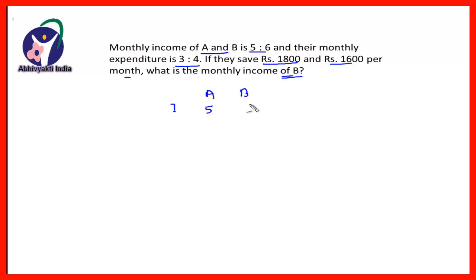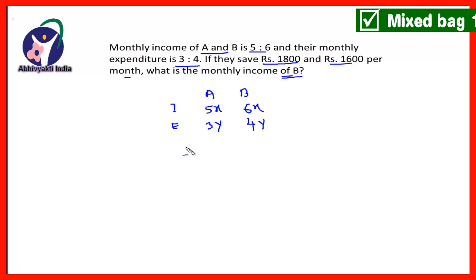So let A's income be 5x and B's income be 6x. Then their expenditure is 3:4, so let A's be 3y and B's expenditure 4y.